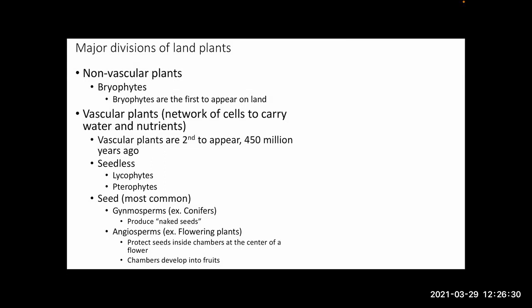So, like your ferns and horsetails are examples of these types of plants. And then after the evolution of your vascular seedless plants, we then start seeing the evolution of the gymnosperms, which are your conifer plants, that now produce seeds.